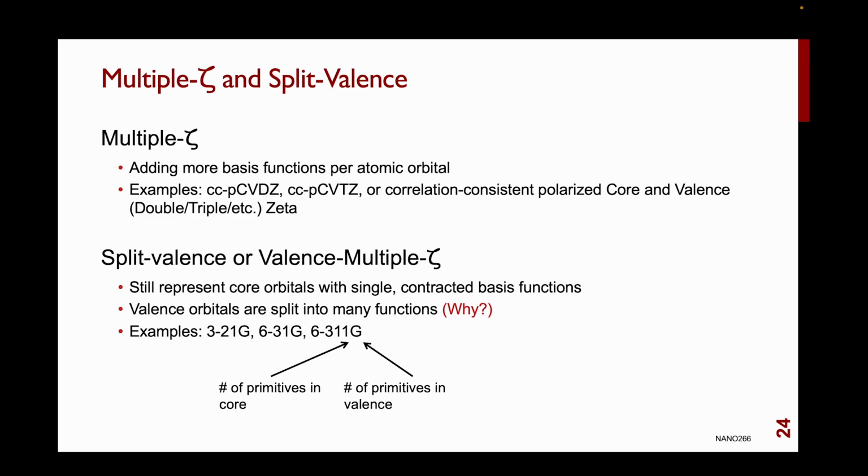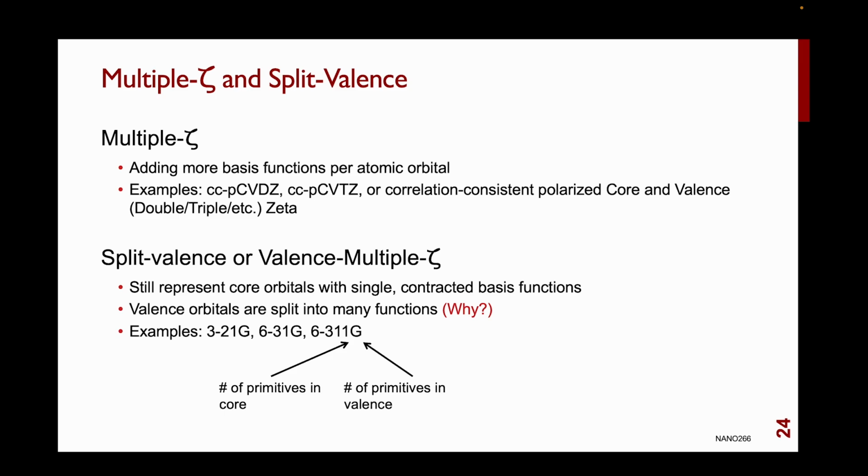Okay. Now, another set of very popular basis sets are what are known as the split-valence or valence multiple zeta basis functions. In this type of split valence functions, you still represent the core orbitals using just a single contracted basis function, but your valence orbitals are now split into many functions.